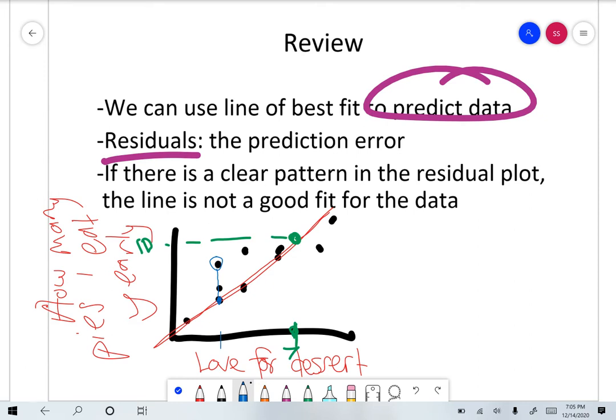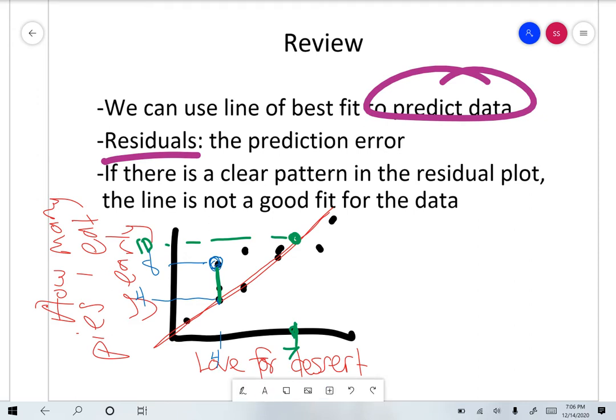For example, if somebody loves dessert at a 4, our predicted number of pies they eat is somewhere around 4, but the actual data point for this person, again all made up, was 8. So the prediction error, the residual, is this distance right here. This is just a reminder of stuff we've learned.